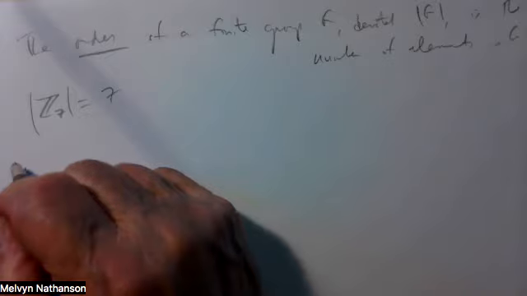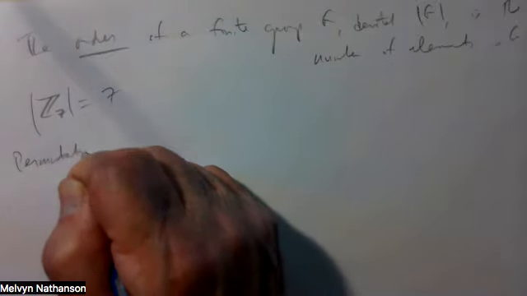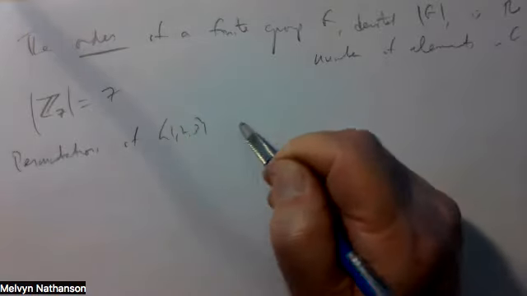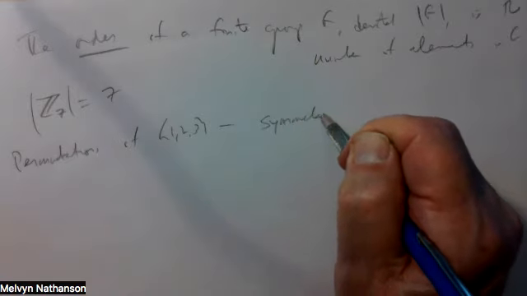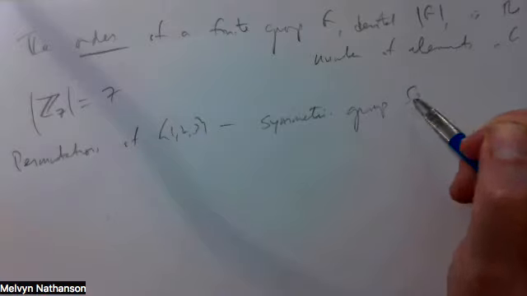What's another example of a group? Suppose we look at the permutations of the numbers 1, 2, 3. This is a group. This is the symmetric group S3.